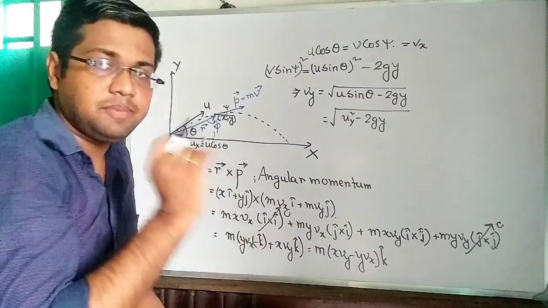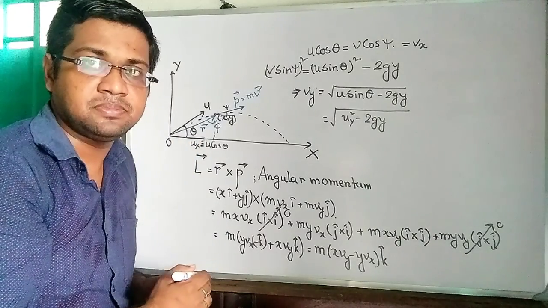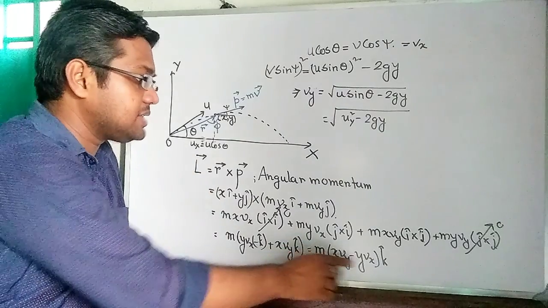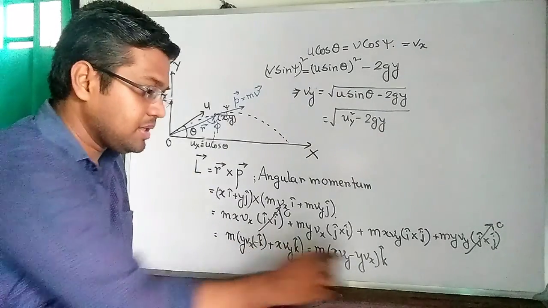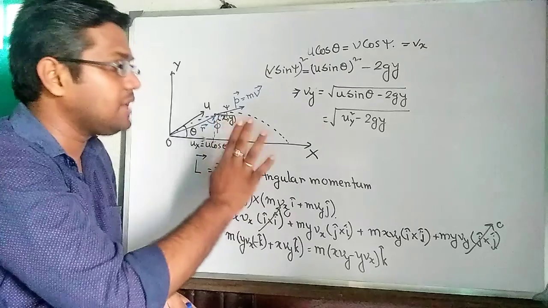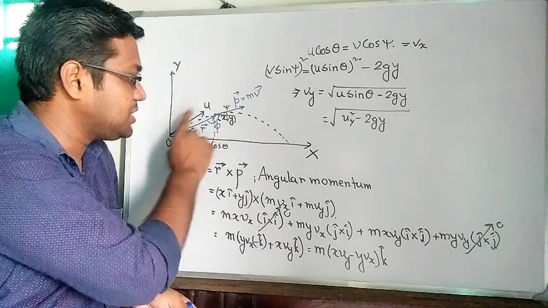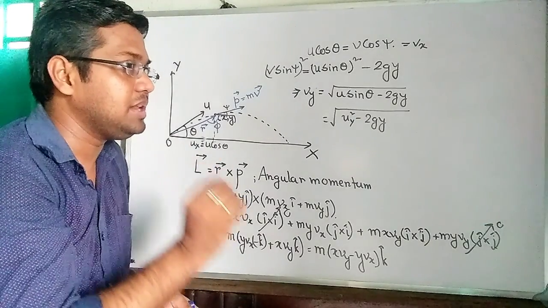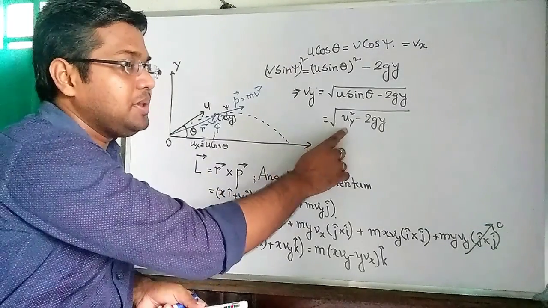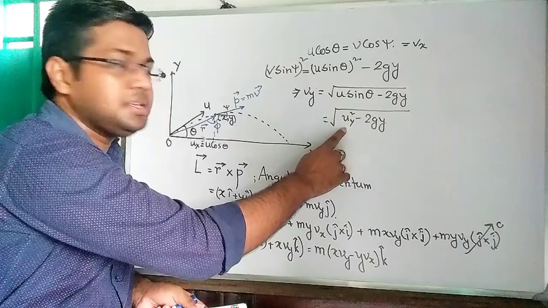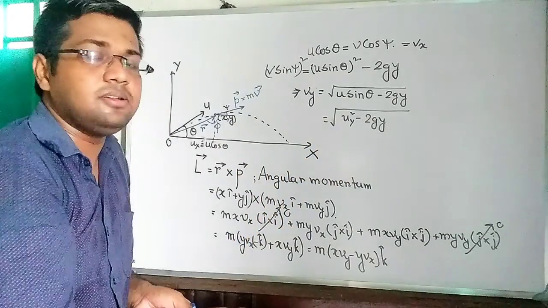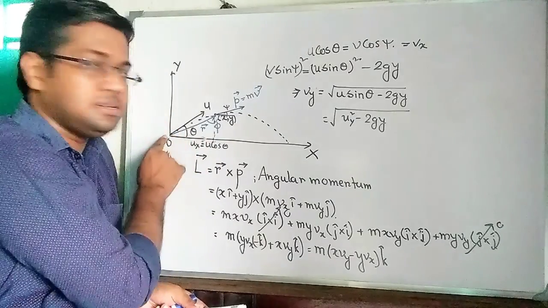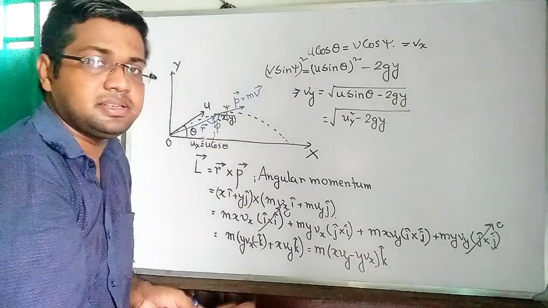So if the coordinates x and y are given, we can find vx and vy from the information of the initial velocity and theta. If uy, that is u sin theta, is known to us, we can get the value of vy. And if u cos theta is known to us, we know vx.